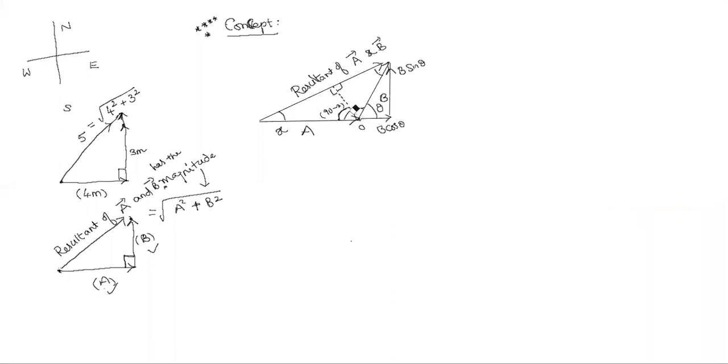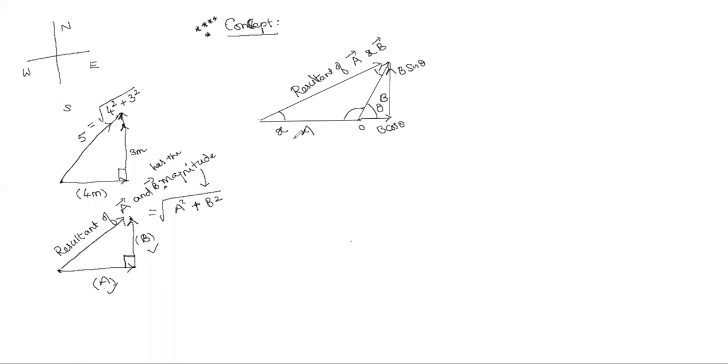Sir, now the base is A plus B cos theta. Which base? The whole base, from the beginning till A plus B cos theta. You are saying that from here.